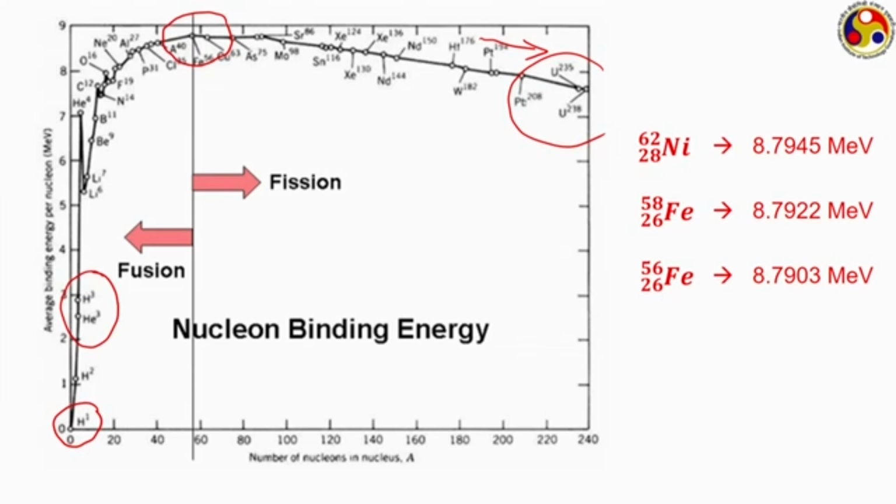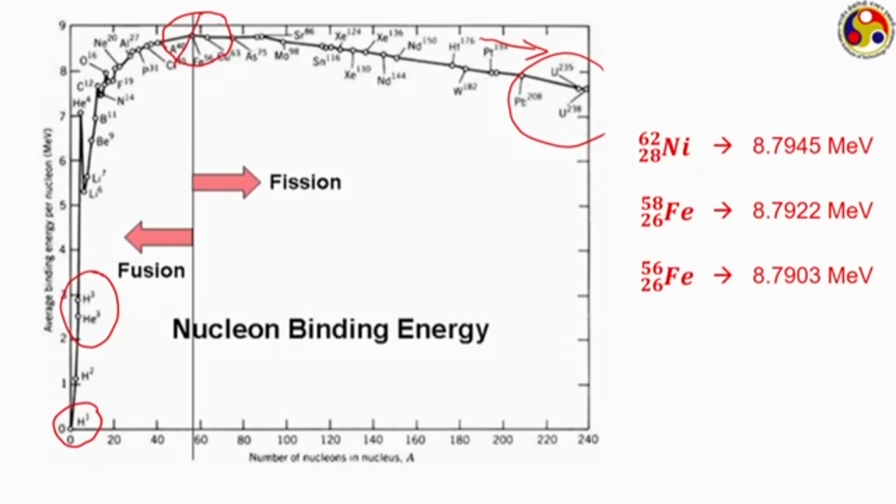Generally, any isotope wants to be at a state which gives it the maximum amount of stability from a nuclear reaction point of view, and therefore it would like to have its binding energy per nucleon value as high as possible. That means any nucleus, whatever its mass number, wants to undergo some kind of nuclear reaction which allows it to move towards this particular band of binding energy per nucleon, which is around a mass number of 60.